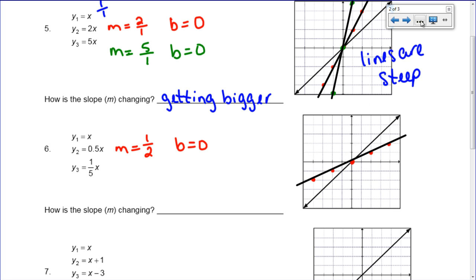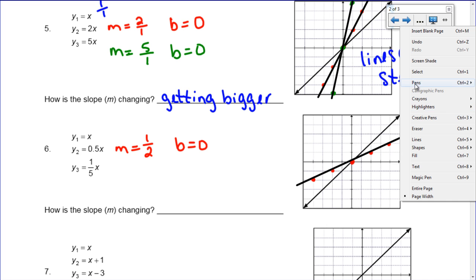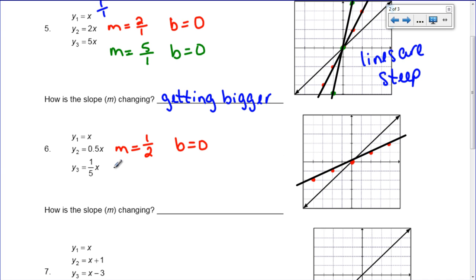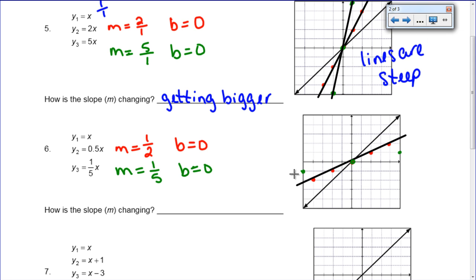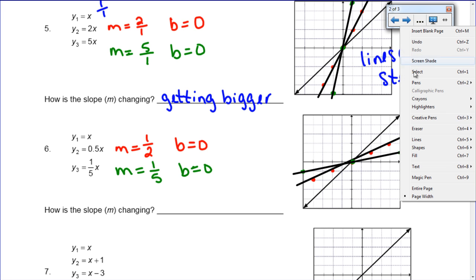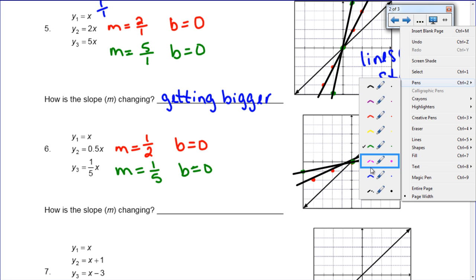So now let's do the other one, the 1/5 x. I'm going to do the same thing. I'm going to give you a second to graph it and check your answer. And so now we can compare what was happening with the slopes.